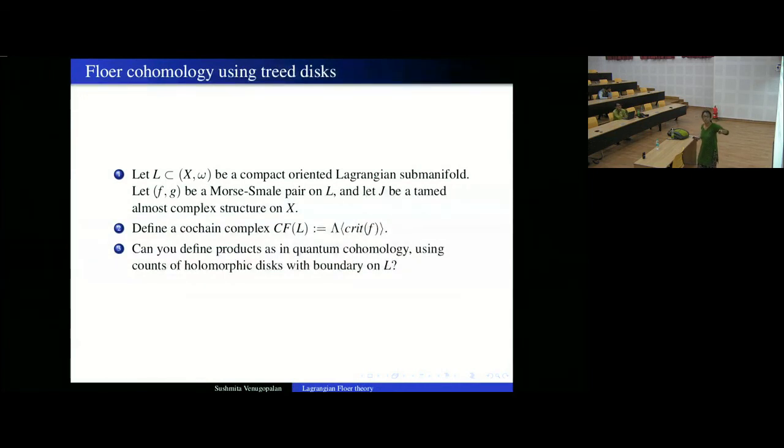The chain complex is generated by the critical points of the function f on L, on the Lagrangian. And now if you try to define products as in quantum cohomology, what is the new thing that's going to happen? It's not going to go as expected.